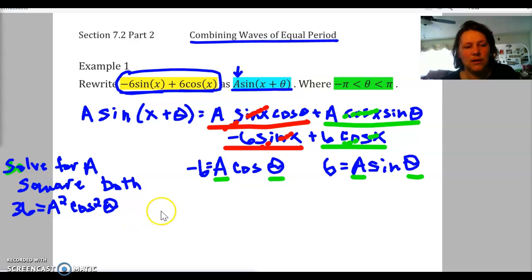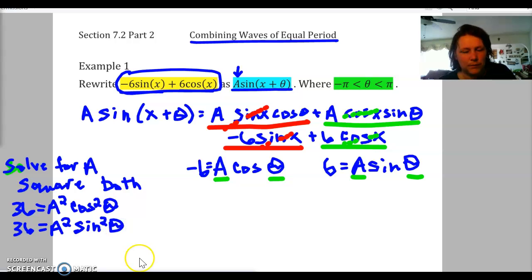All right, so that's for one of them. And then I also have 36 equals a sine squared theta. Now the next step after I square both is I'm going to add them together.